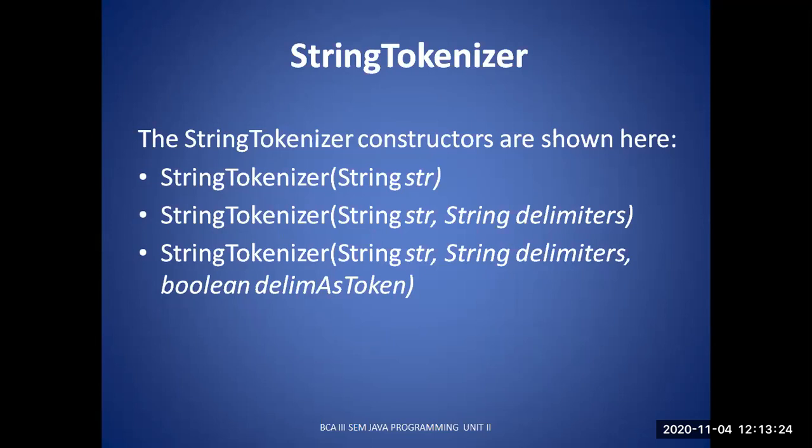And the third constructor accepts string, delimiters and delimit as token. I will be discussing delimit as token in the coming classes. It is either true or false, given as the third parameter in the third type of parameterized constructor.